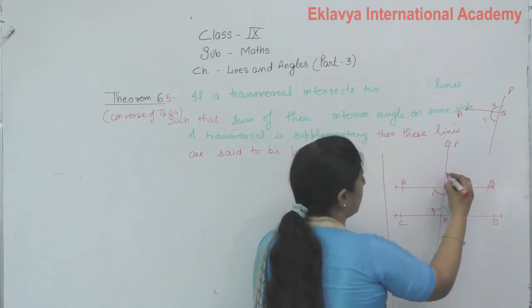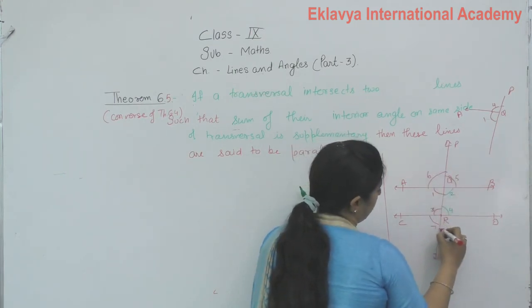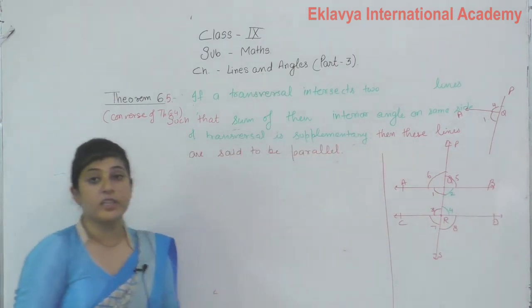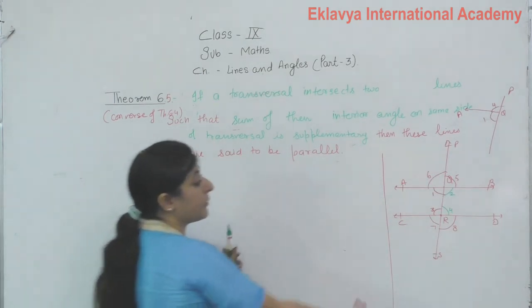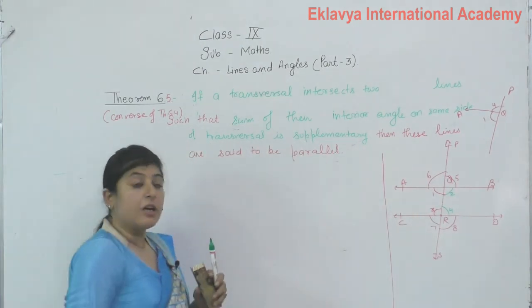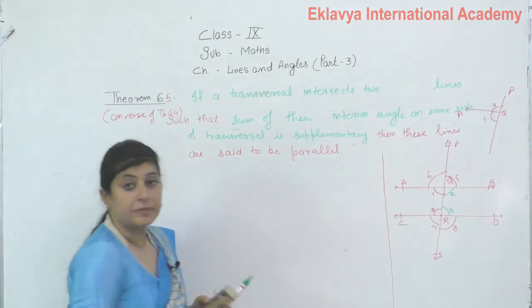Take other angles 5, 6, 7, 8; according to your suitability you can write the angle names. Now see, it is given that 1 plus 3 is 180 degrees, 2 plus 4 is equal to 180 degrees. What you have to prove is that AB is parallel to CD.